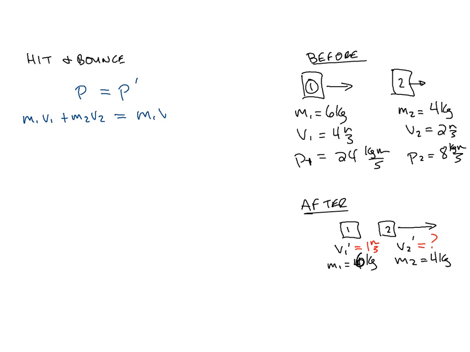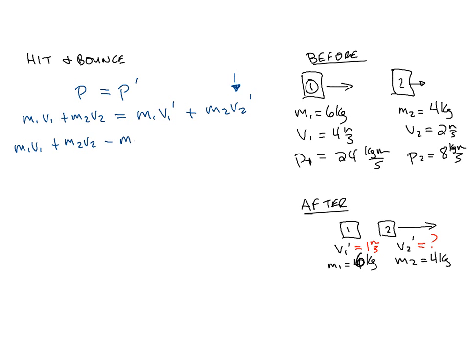Then over here I'd have m1 v1 prime would be the momentum of the first object after the collision. m2 v2 prime would be the momentum of the second object after the collision. And I put all that together, I end up with this equation that we've seen on the last slide. And you'll notice that I know all of those numbers except for one. All of them except for v2 prime. So we want to solve for that, and you can see where this is going.